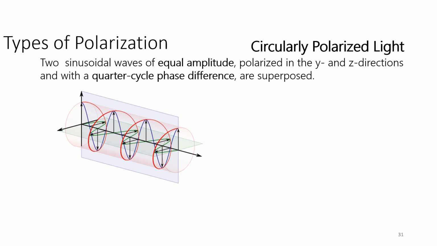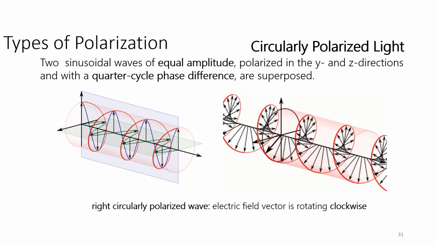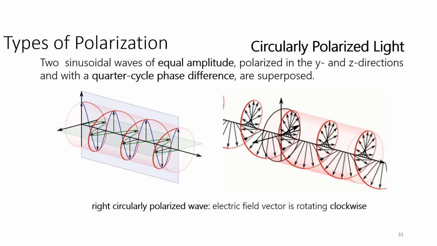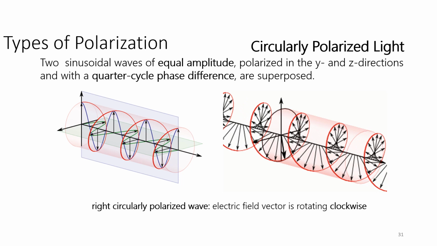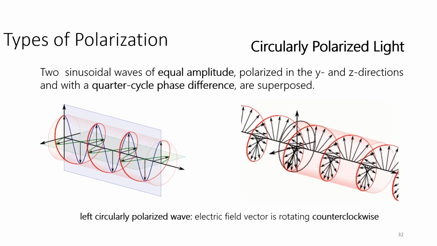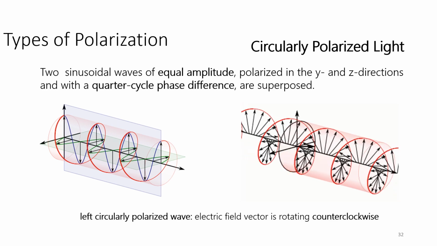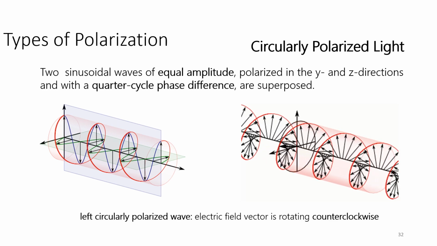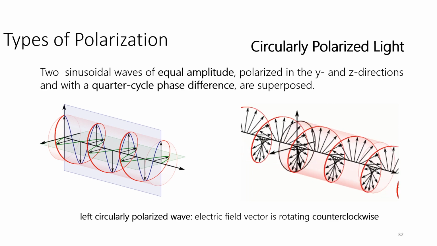And the phases of these two waves should be a quarter of a cycle apart. For our example, our wave oscillates circularly in a clockwise fashion, making this a right circularly polarized wave. If the wave cycles counterclockwise, we get a left circularly polarized wave.